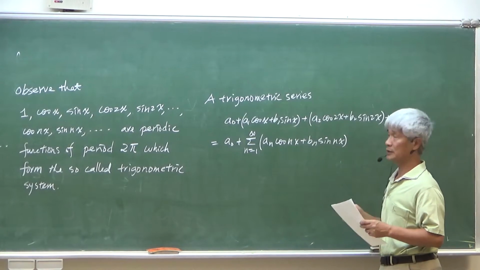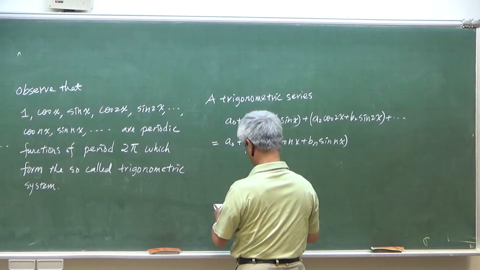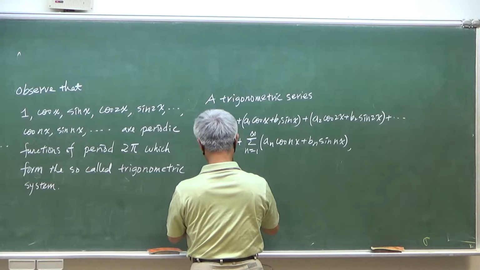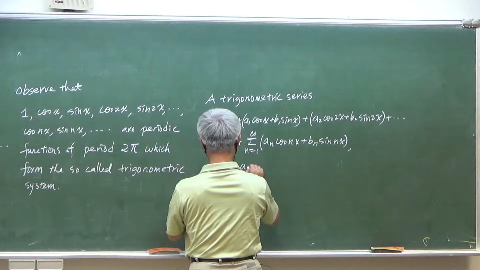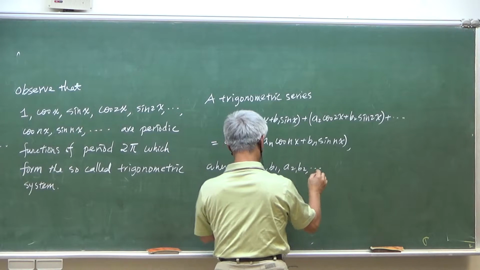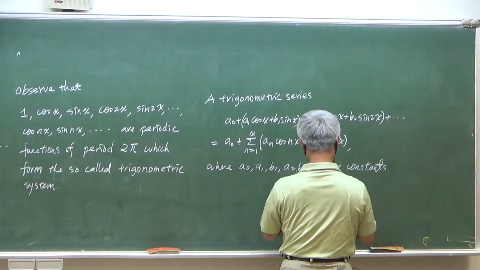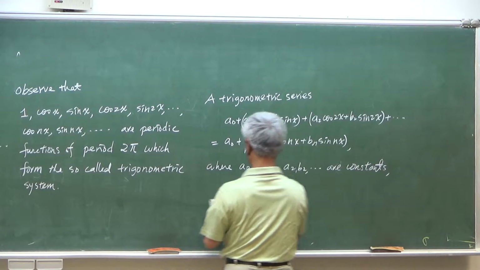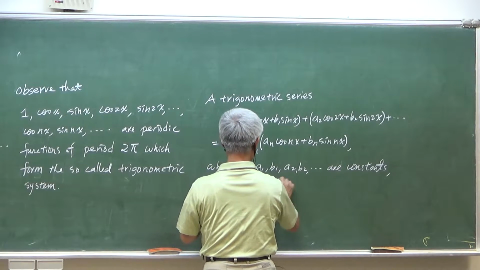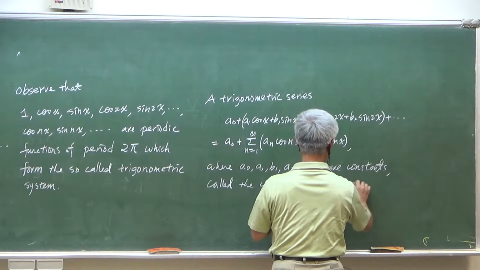This series is called a trigonometric series, where the constants A0, A1, B1, and so on are called the coefficients of the series.